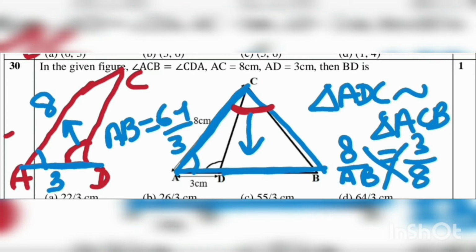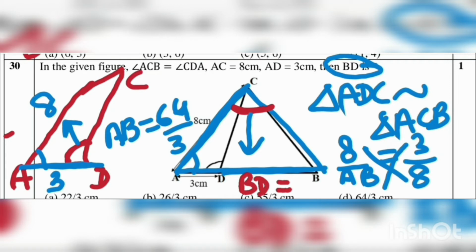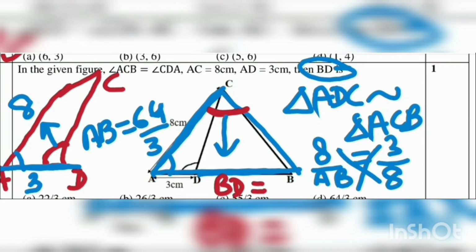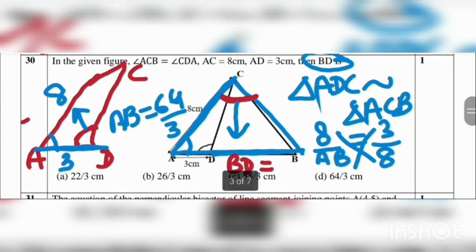Now we want to find the length of BD. BD is this side. We know the full length AB, so we subtract AD from it and we will get BD. BD will be AB minus AD, that is 64 upon 3 minus 3.